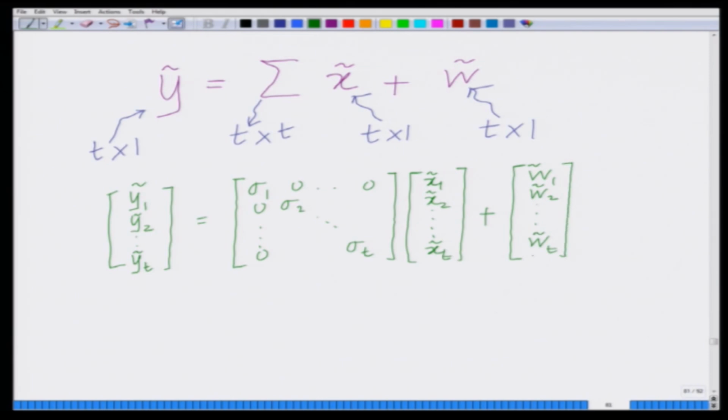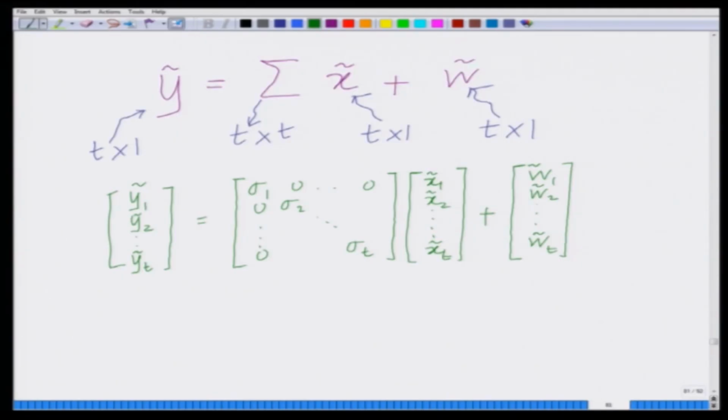And therefore, the net result is that y tilde is equal to the diagonal matrix sigma times the symbol vector x tilde plus the noise vector w tilde.